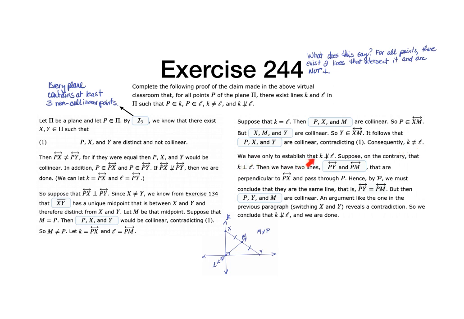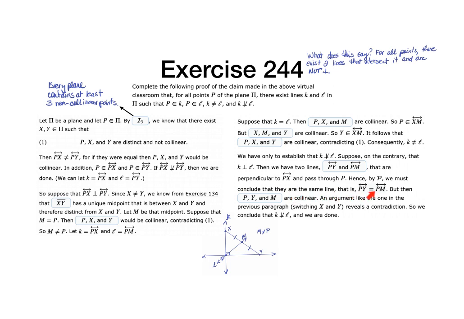We have only to establish that K is not perpendicular to L. Suppose, on the contrary, that K is perpendicular to L, so we're going to go at this by finding a contradiction. Then we have two lines, PY here and PM here, that are perpendicular to PX here and pass through the point P. Hence, by P, we must conclude that they are the same line.